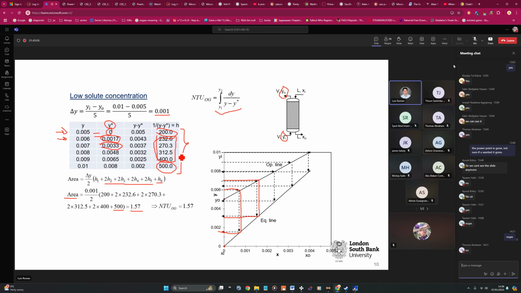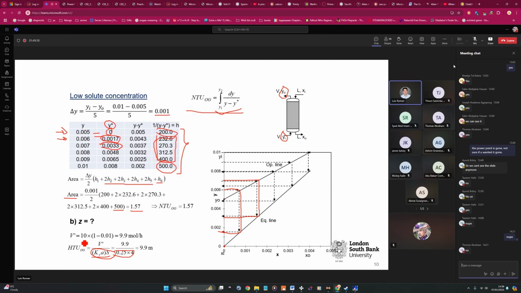So that means that NTU is that area, which is 1.57. For the height, we also need to calculate HTU. Remember, HTU is the solid free flow rate divided by the mass transfer coefficient times the cross-sectional area. We have these values from the problem statement, but the solid free flow rate we need to calculate.